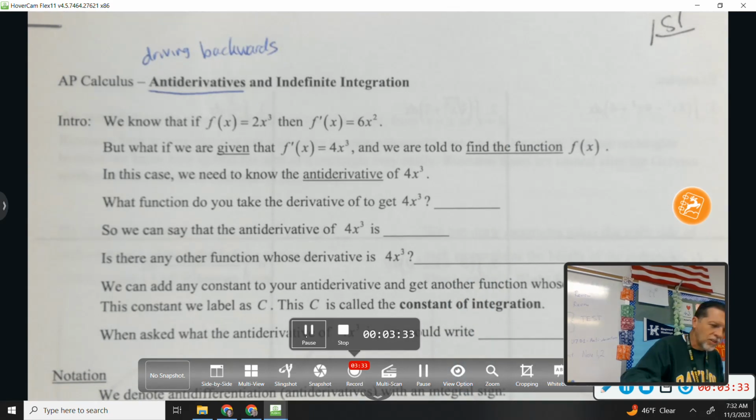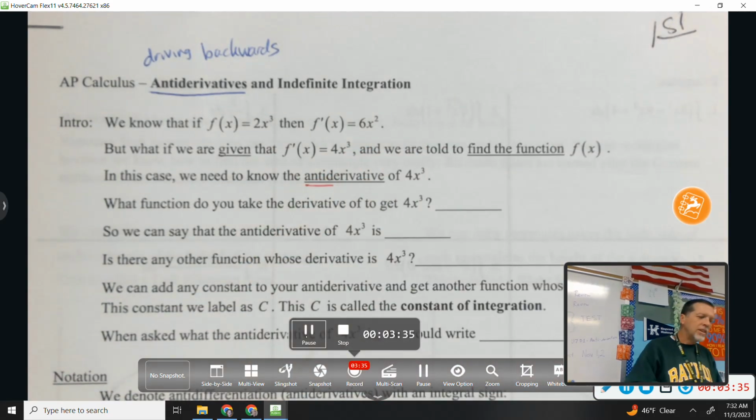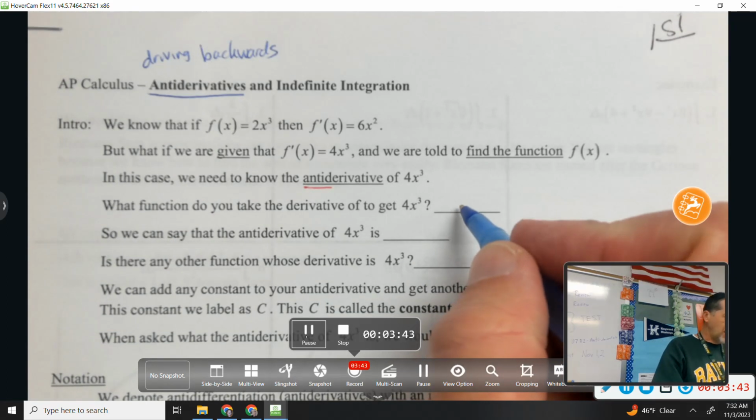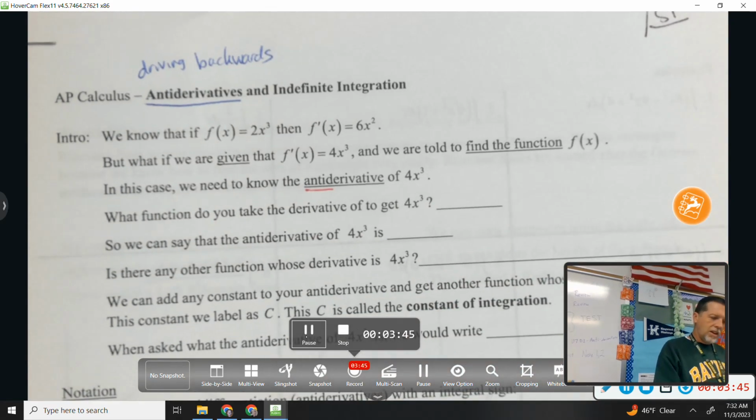Well, that's the word antiderivative, go the other direction. You know the derivative is 4x cubed, what would the function have been to get 4x cubed? X to the fourth.